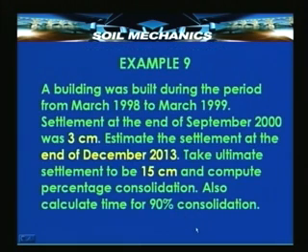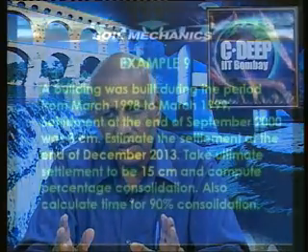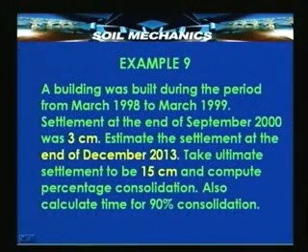Let us take one more example on percent consolidation. I am still talking about primary consolidation. Here a building was built during a time period starting from March 1998 to March 1999.